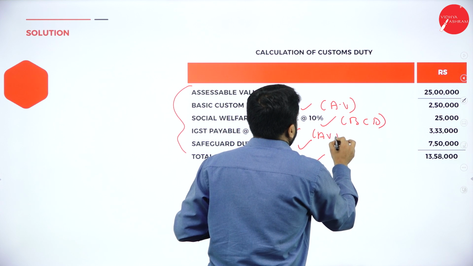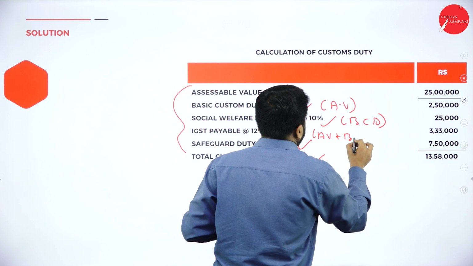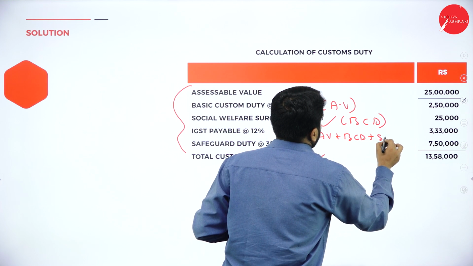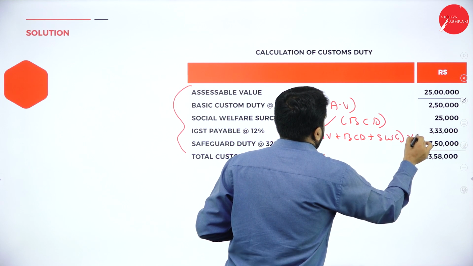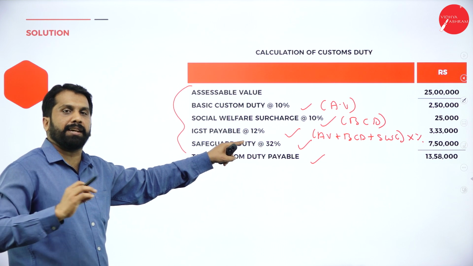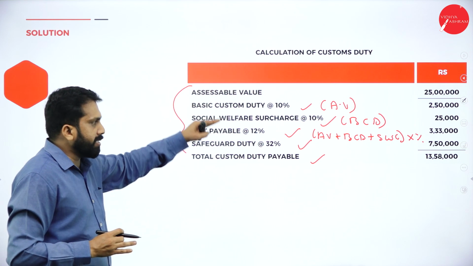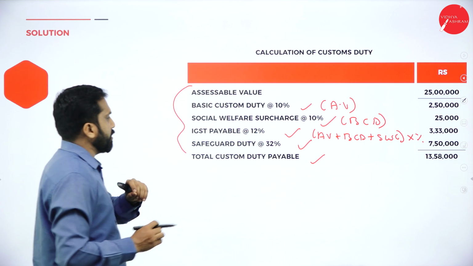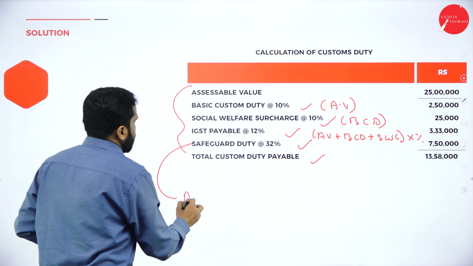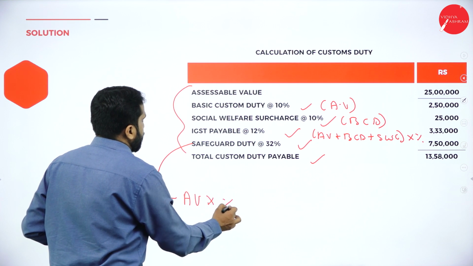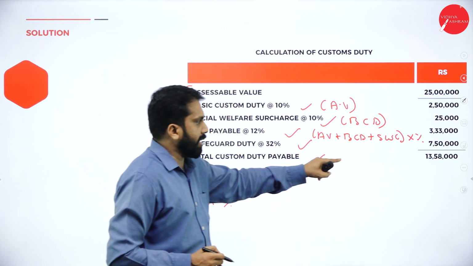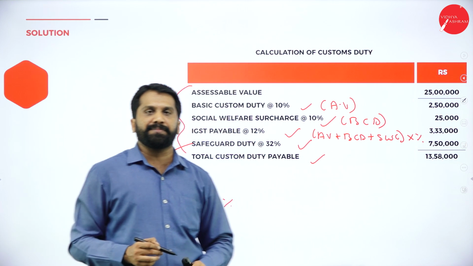Assessable value plus basic custom duty plus social welfare cess on this percentage. You have to follow this, then there won't be any confusion. Easily you can solve all the problems. Next, safeguard duty on what? Very simple. Assessable value into percentage. So if you add everything, you will get total value.